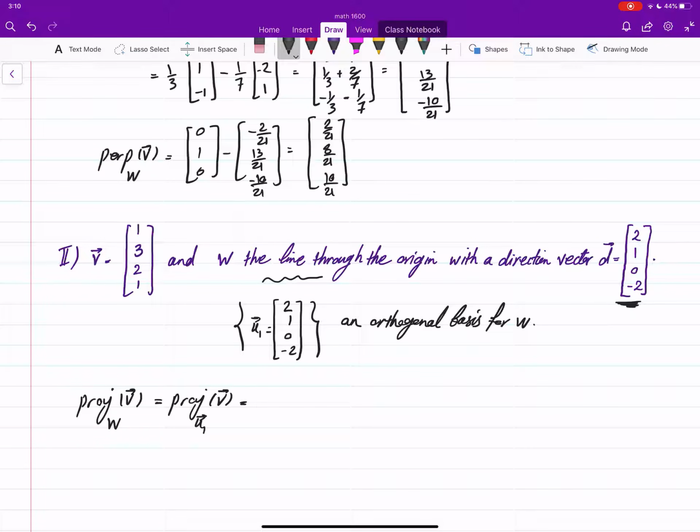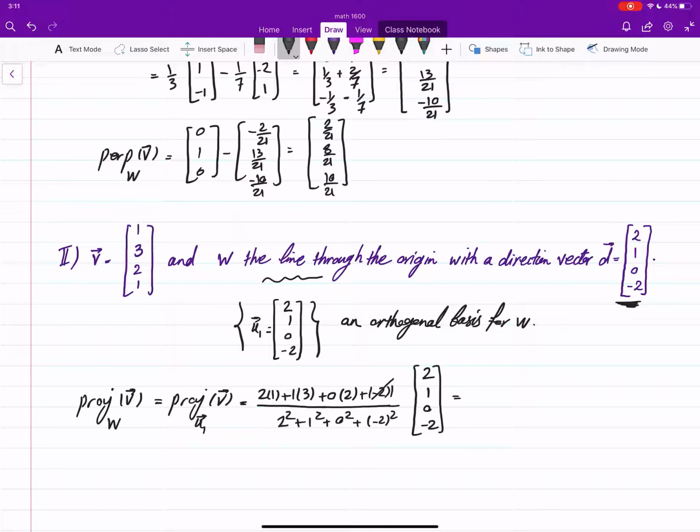In that case, projection of v onto W is nothing but projection of v onto U1, which is the dot product of these: 2 times 1 plus 1 times 3 plus 0 times 2 plus negative 2 times 1, over 2 squared plus 1 squared plus 0 squared plus negative 2 squared, times scalar multiplied to U1.